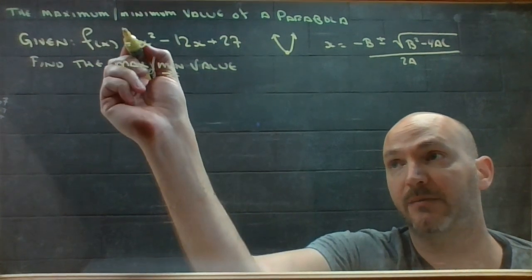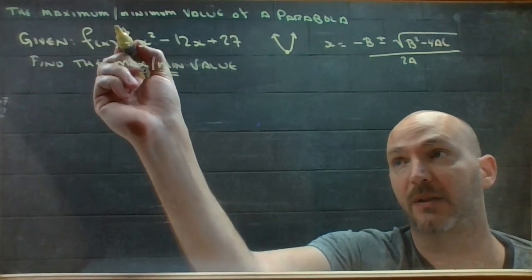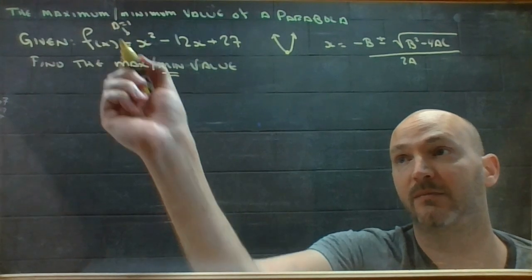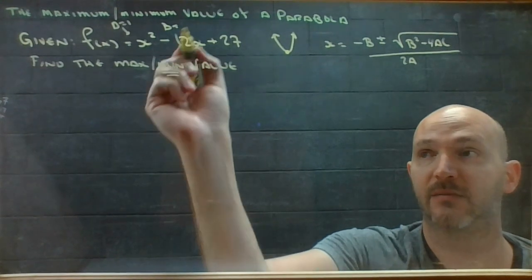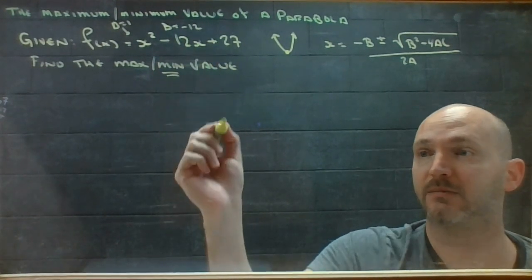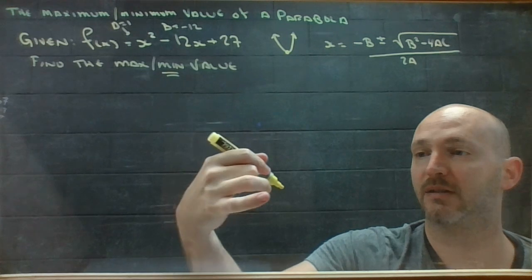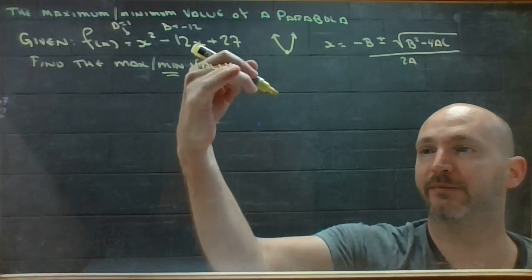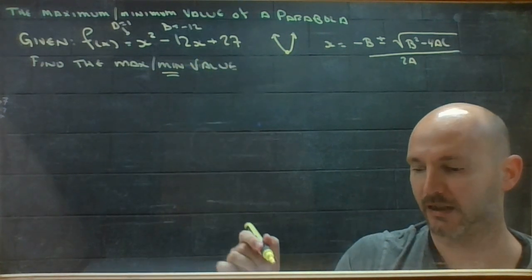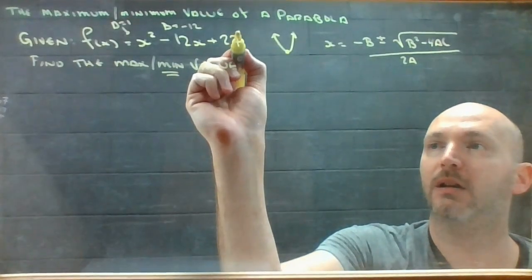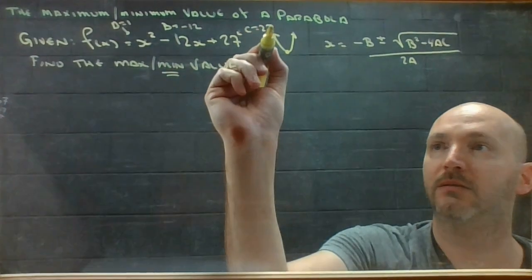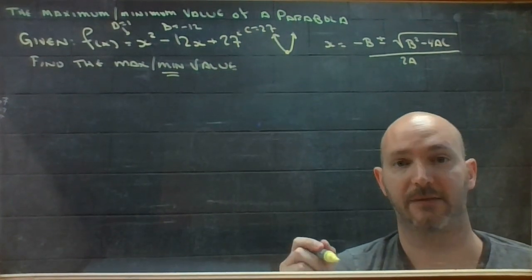So my a value is whatever's in the lead here, so I'm going to have an a value of 1. My b value is whatever's attached to the x, so it'll be negative 12. Be gone, arachnid. And my c value will be 27.